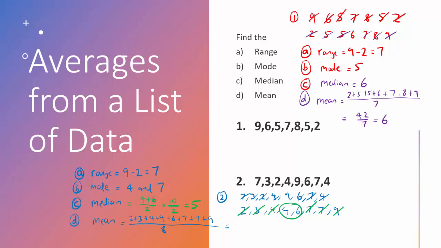So if you get your calculator and you type this in, you will get 42 divided by 8, which is 21 divided by 4, which as a decimal is 5.25. So the mean of this data is 5.25. So that's how you find averages from a list of data.